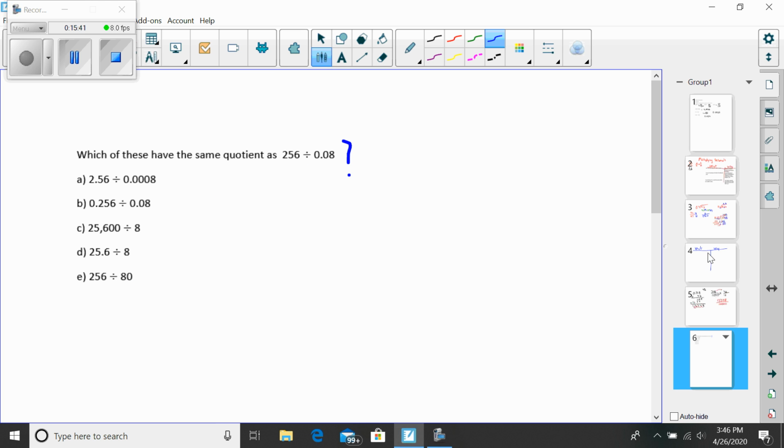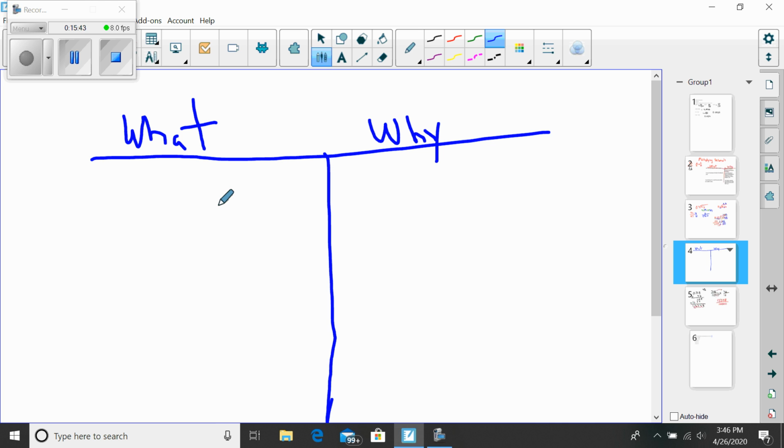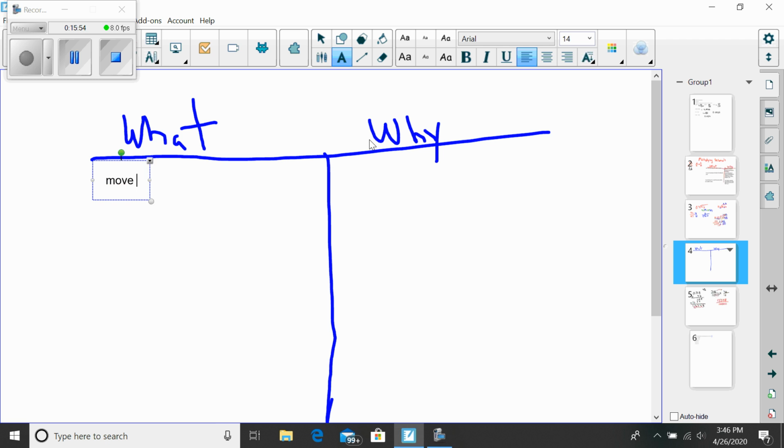Let me just rattle off a quick what-Y chart for dividing by decimals, and then we're done with the course. So we move the decimal in the divisor to make the divisor a whole number. That's step one.